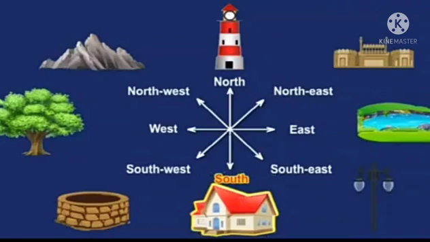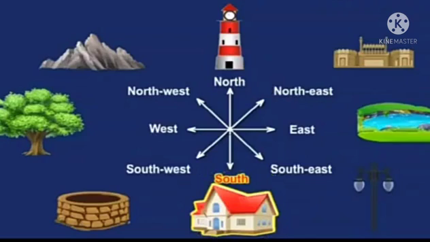Students, in this picture, you can see a clock tower, mountain, tree, well, house, street lamp, pond and a fort. Now, the clock tower is in which direction, students? Yes, right.